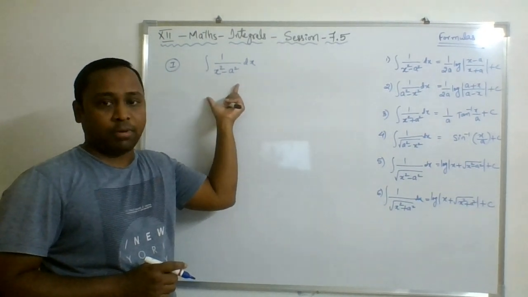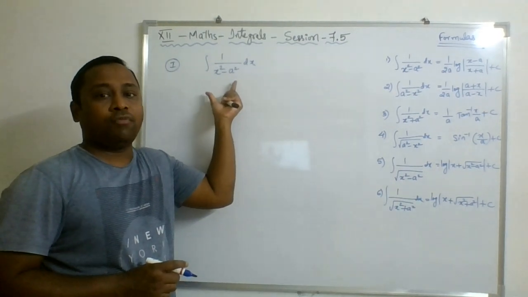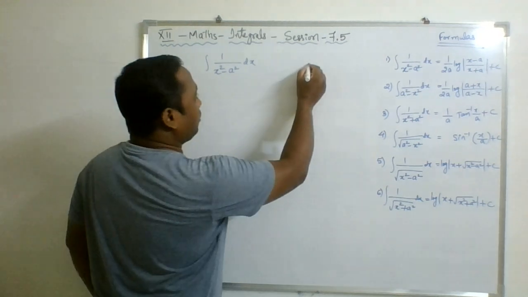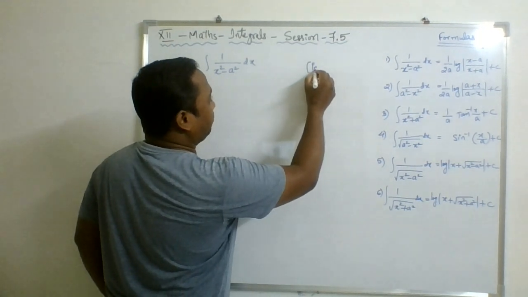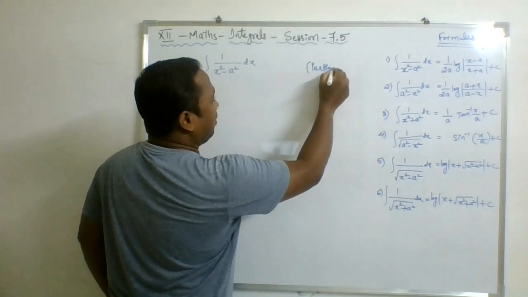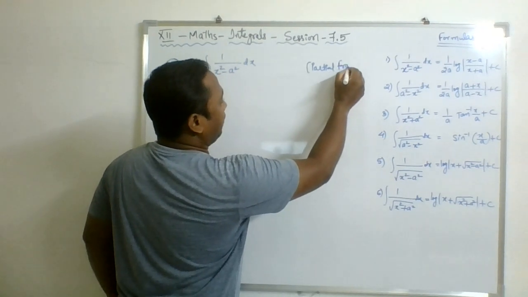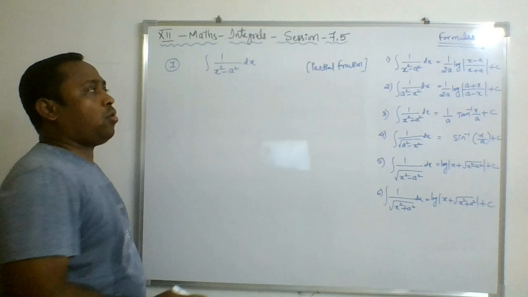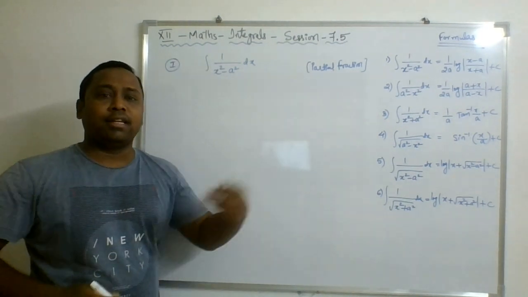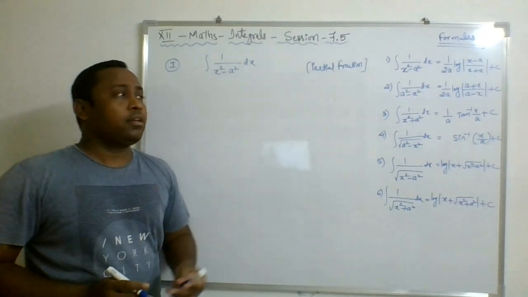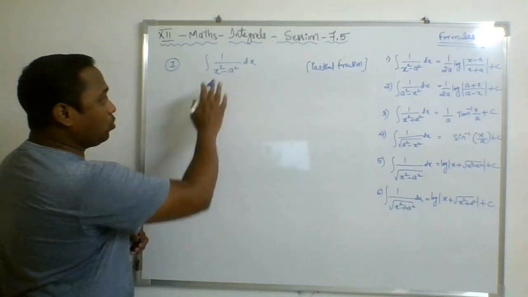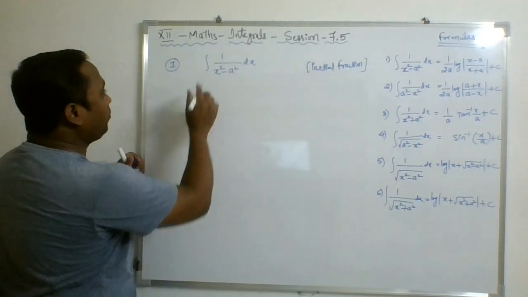Wherever it is possible to get the factors of the denominator, we will use a technique which we call the partial fraction technique. This you will also study in detail in the next exercise. So we only need a very introductory part of this technique to solve this formula.